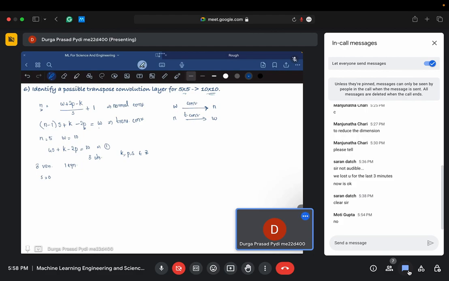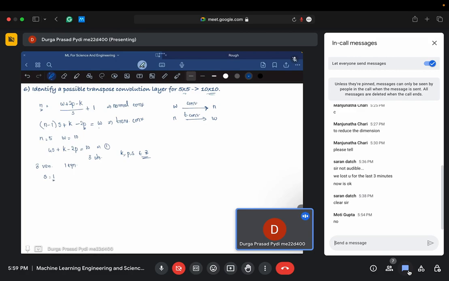Now we have three unknowns and one equation, so you have many solutions. We should try different cases. Because I already have another constraint, let's start with stride equal to 1.